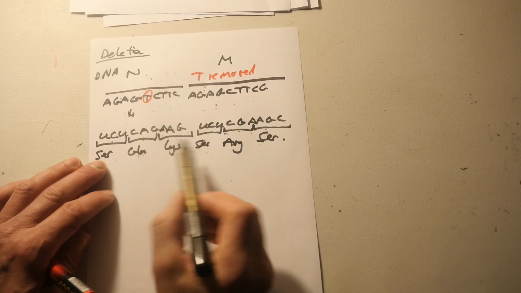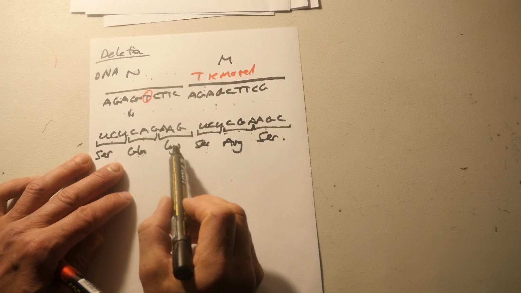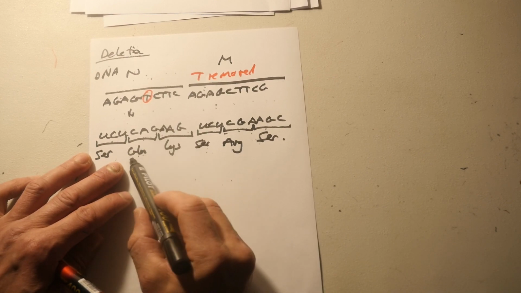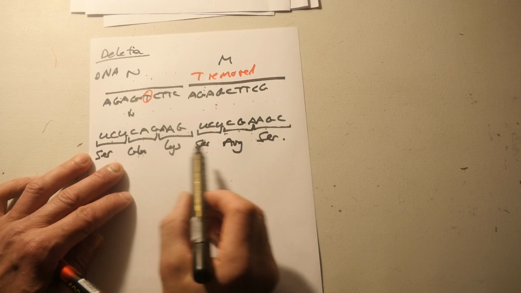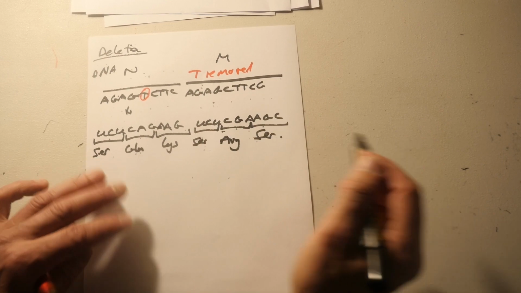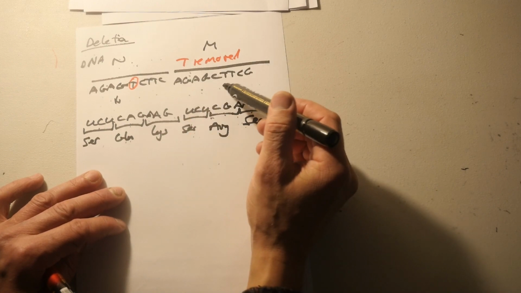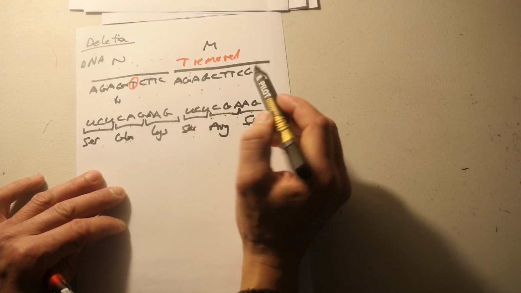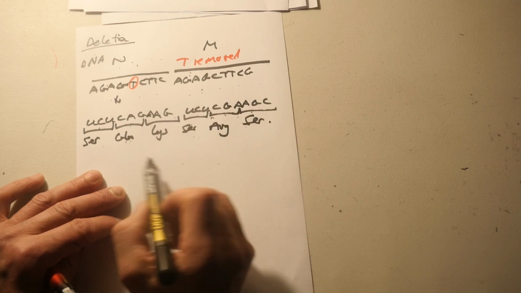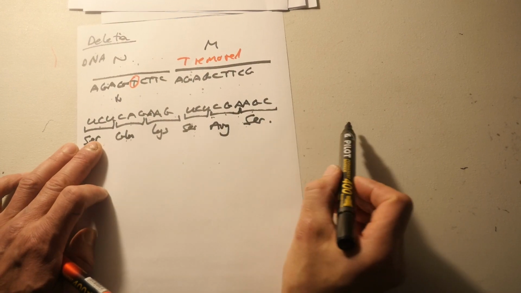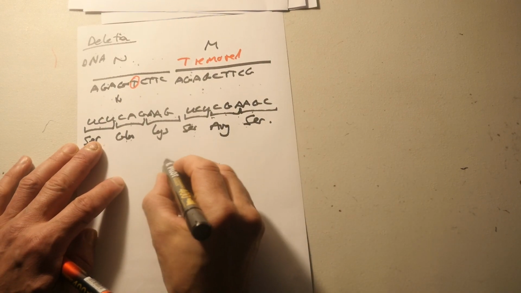So the serine remains serine, the glutamine becomes an arginine, lysine becomes a serine. So everything's frame shifted. Because one base is deleted, all other amino acids after serine are changed. So this is a frame shift.